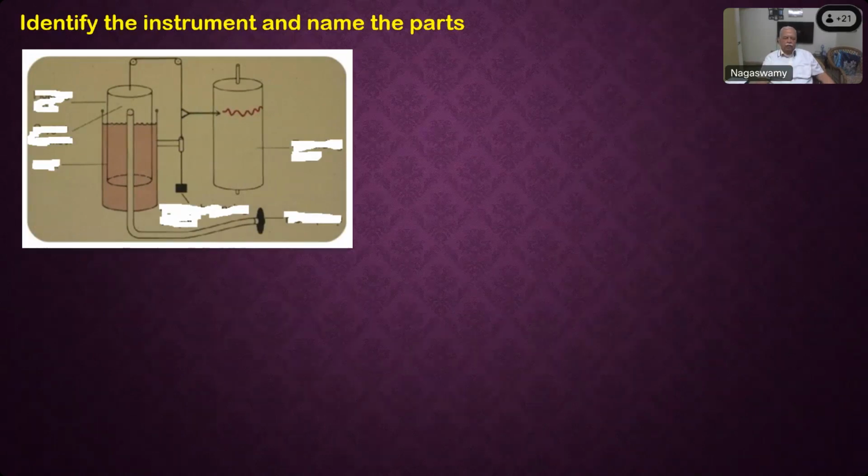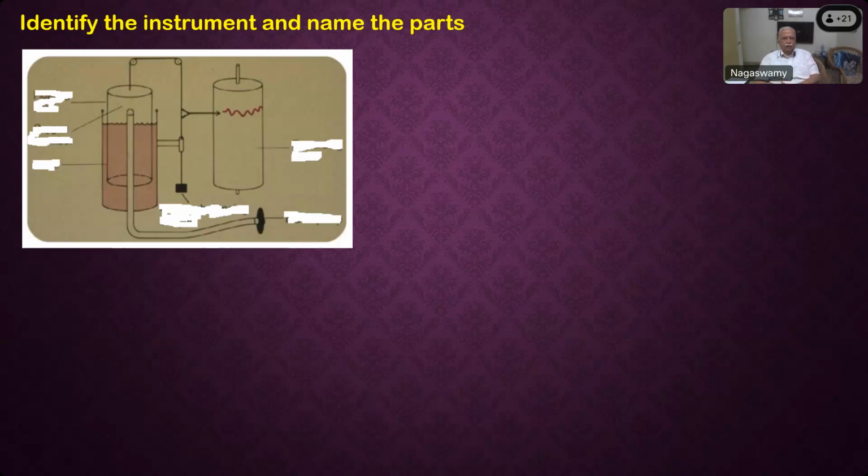When you read the chapter on pulmonary function tests, this picture will be there in most of the books. Look carefully, you can see the various parts. Just tell me what instrument this is. Even if you make a guess, you can say this.